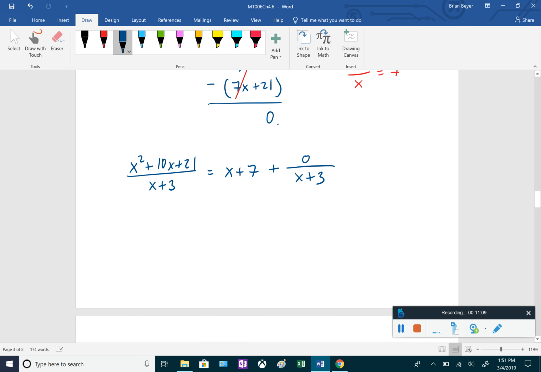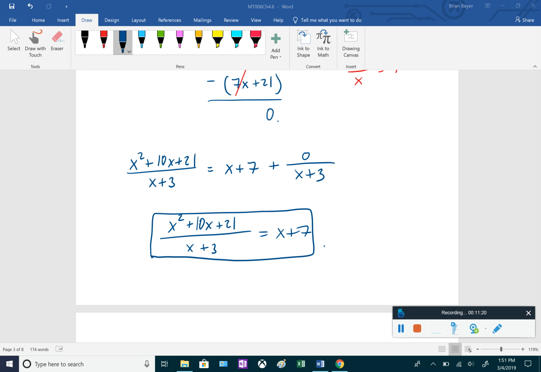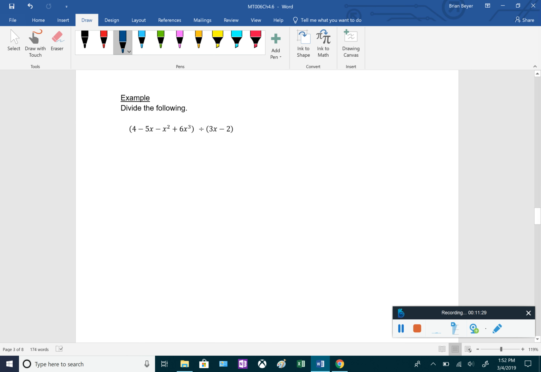Obviously this is kind of silly to write this way, because the 0 in the numerator makes that whole thing 0. So I'm just going to rewrite it just like that, and that's our final answer. That whole thing ends up equaling just x plus 7. Let's do a couple more examples.